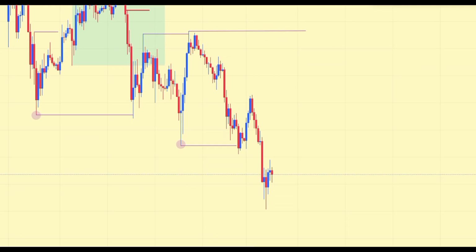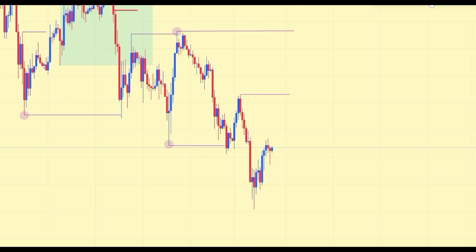This one here is our high. These ones here are not valid pullbacks, so this one here is our recently formed valid pullback.